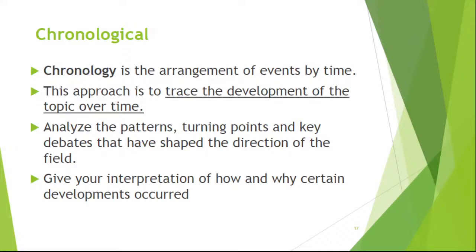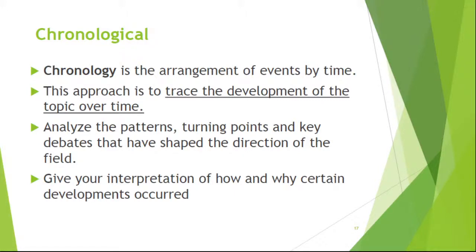Now the beauty of this approach is that it is easy, because you can trace the development of the topic over time. Now, when we talk about a research topic, it's not only you or a few researchers who started. Perhaps this topic has already been researched a long time ago, 100 years ago. In economics, we have a very well-known, very old research topic, purchasing power parity. This topic is already more than 100 years old, and people still research on purchasing power parity.